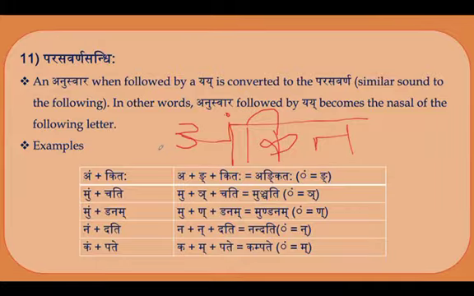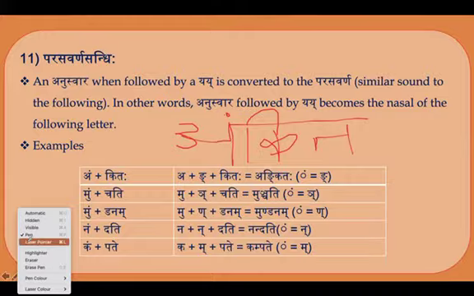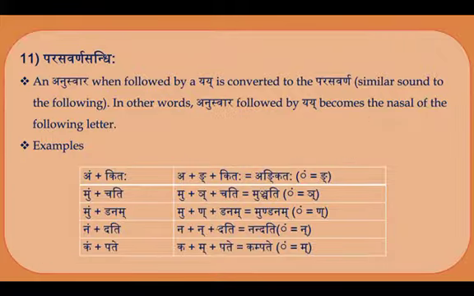Because of that, that Anuswara should be changed to the respective nasal sound. That is how we have to write. Because language is sound based, phonetic, all these things become very, very important. The Sandhi rules become very important, especially when we are dealing with sounds.